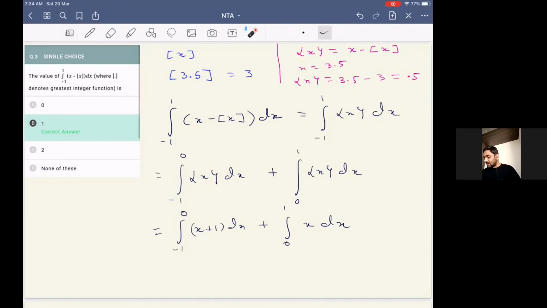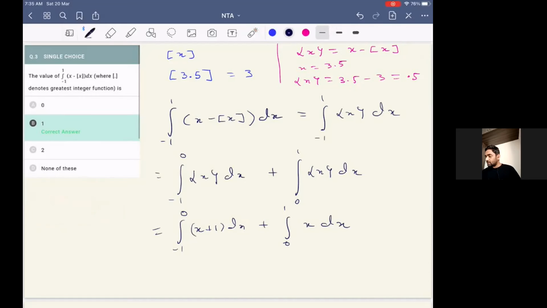So can I say that if x belongs to minus 1 to 0, in that case the greatest integer of x will be equal to minus 1 always, right? So if this value is minus 1, can we say that we can directly put it in the initial expression?